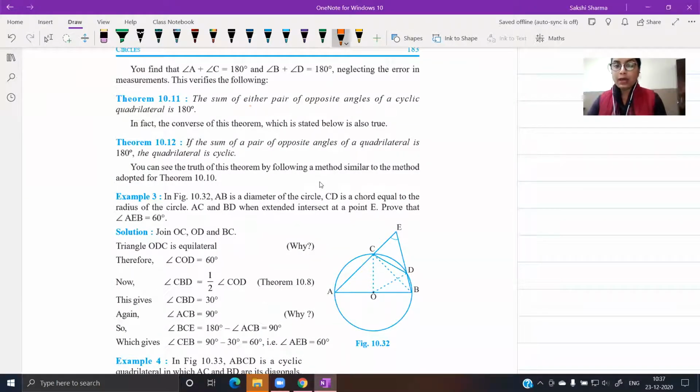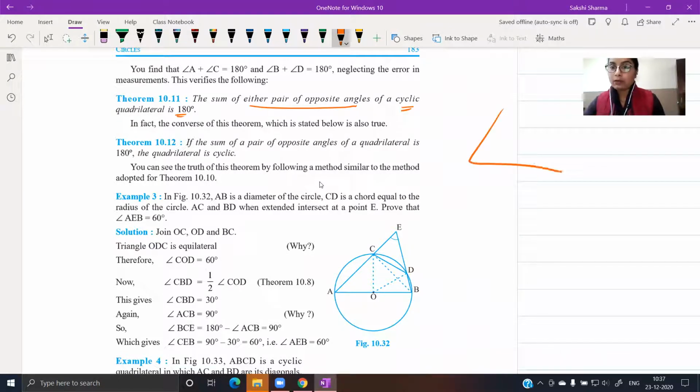The sum of either pair of opposite angles of a cyclic quadrilateral is 180 degrees. Usually the sum of the 4 angles of a quadrilateral is 360 degrees, but if you have a cyclic quadrilateral, the sum of the opposite angles will be 180.